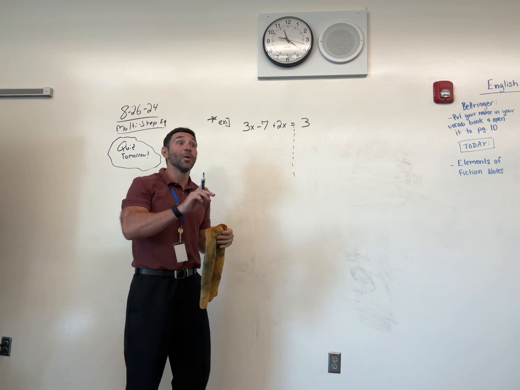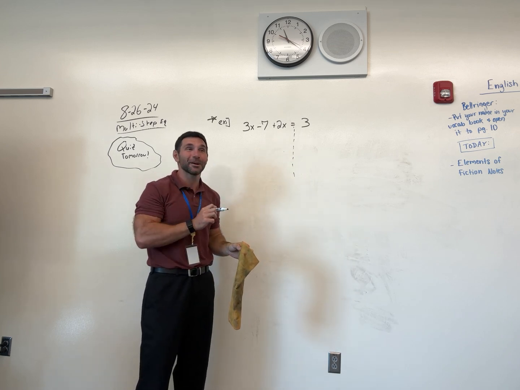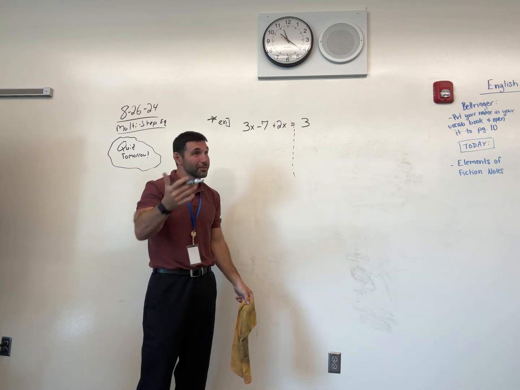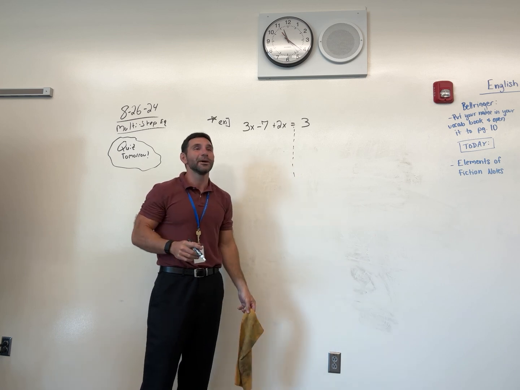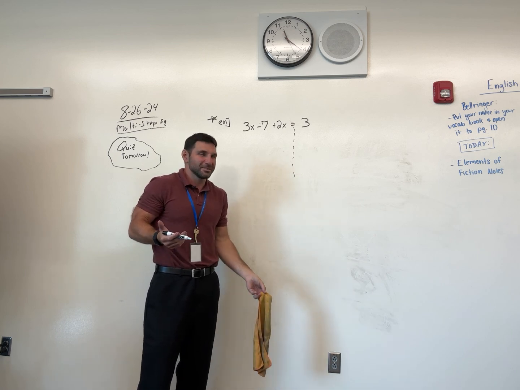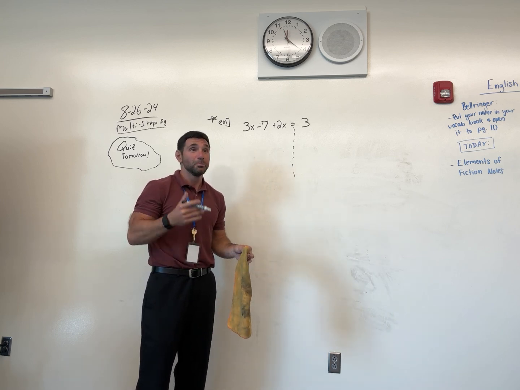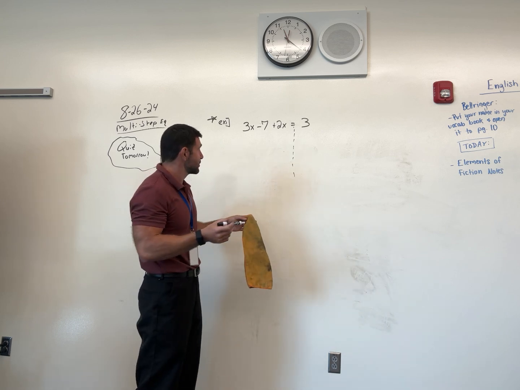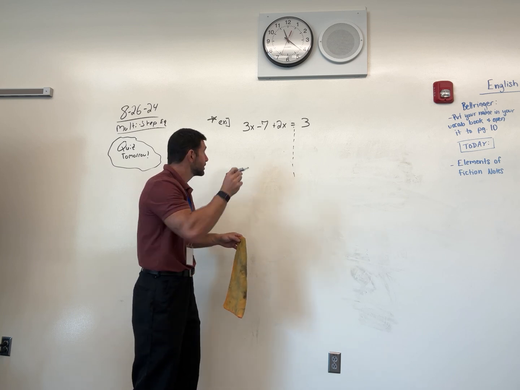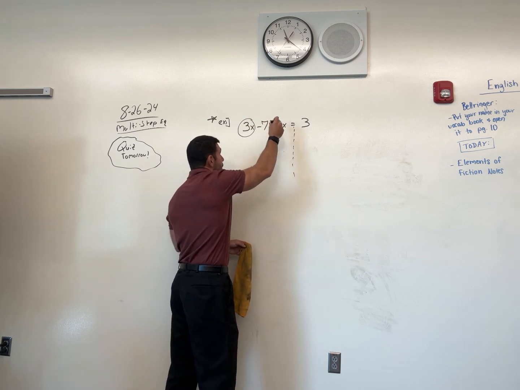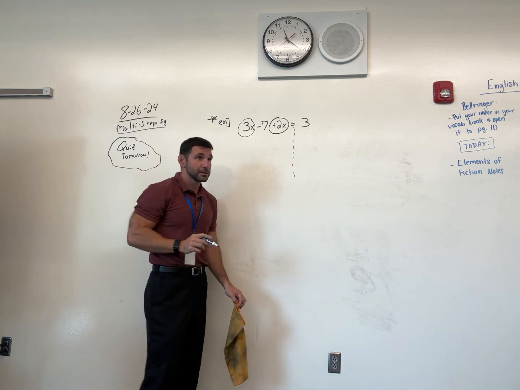Positive 2x. You have to be respectful to the numbers. Now watch why I say that. It's like saying, yo, H. It's not very respectful, Mr. H. Have I earned your respect yet? Not yet. I hope to. But right now, you still probably call me Mr. H, which is fine. So watch here. This is why: 3x, positive 2x.